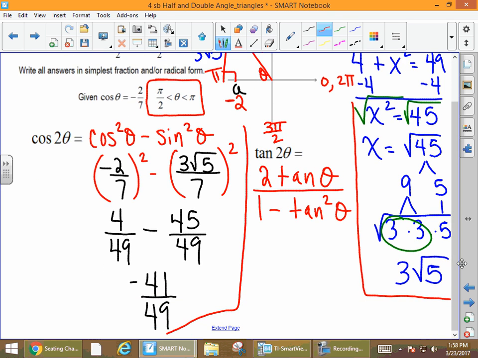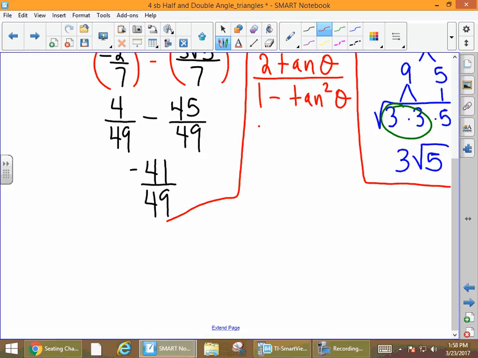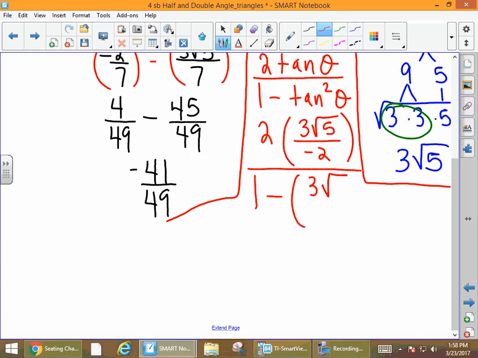So this is going to be 2 times our tangent, once again, which is 3 radical 5 over negative 2. And then it's divided by 1 minus 3 radical 5 over negative 2 squared.